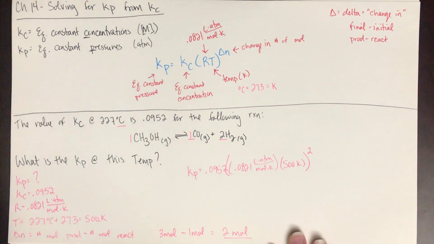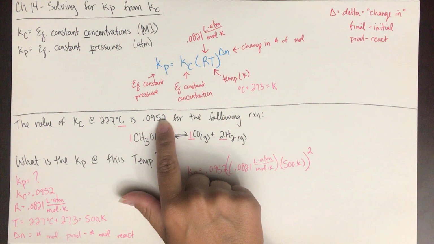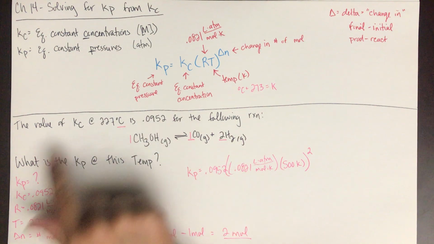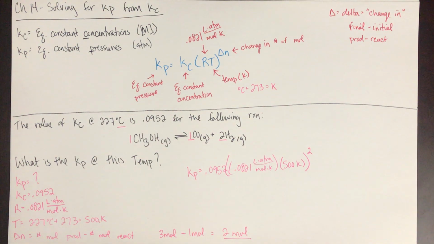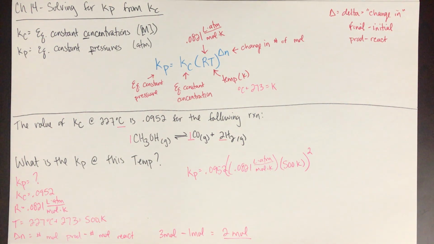So again, if we look back at the number of significant figures, how many significant figures should our answer have? It has 3 significant figures here, 3 significant figures here. But remember, this is the value of Kc, which is a ratio. It's an exact number. So really the number of significant figures in this problem comes from the temperature, which has 3 significant figures.